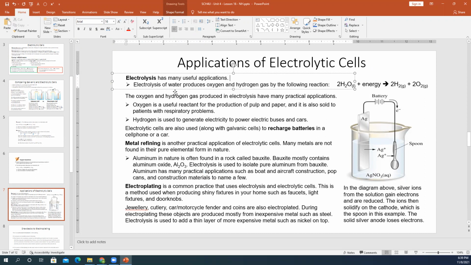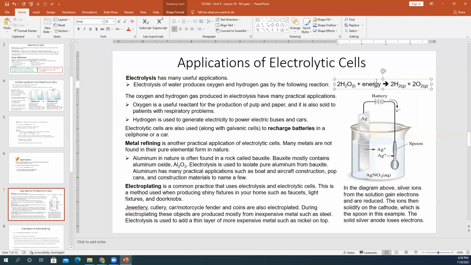Electrolysis means splitting by electricity. Electrolysis of water produces oxygen and hydrogen gas, and this would be the reaction for it. You have two molecules of liquid H2O plus the energy of the electrolytic cell, and it produces two molecules of hydrogen gas and one molecule of oxygen gas.